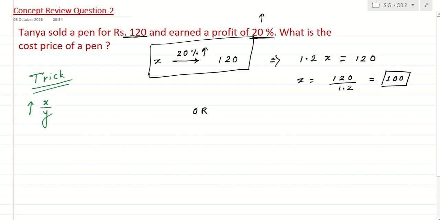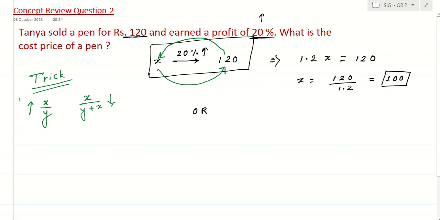While coming back, I have to decrease it, no? Let's say I'm increasing from x to 120 by 20%, right? I'm coming from here to here by, what is the increment? 20%. I must decrease it back, right? To go back, let's say 120, I want to make it x again, which means if the increment is given, I should decrease it. So I must decrease it by, the trick says, y plus x.